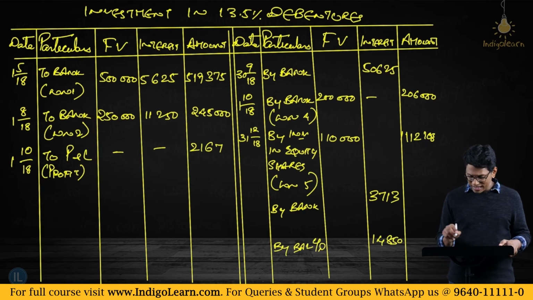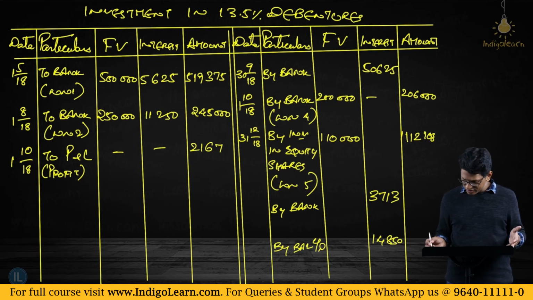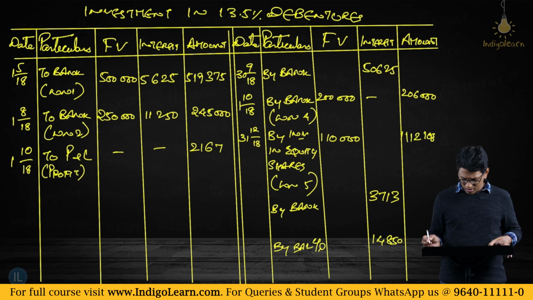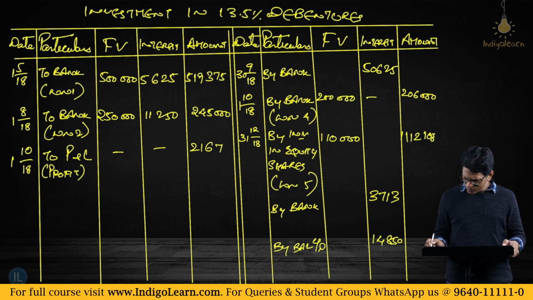Okay, now we can wrap up the investment account. In investment account, what else do we have? I don't see anything else specifically. Let us close the interest column first. Face value I think is straightforward. If you want, you can close face value first. Face value will be 7,40,000 minus 3,10,000.